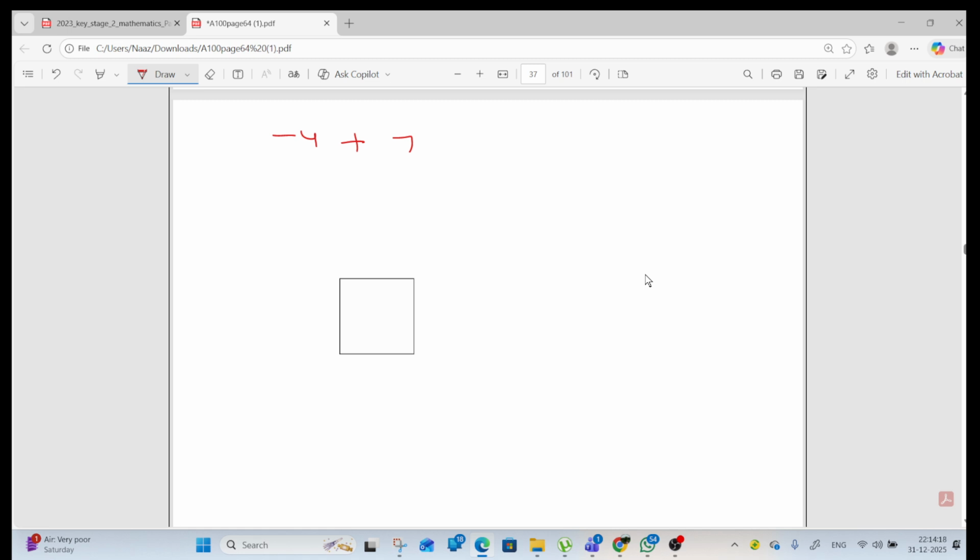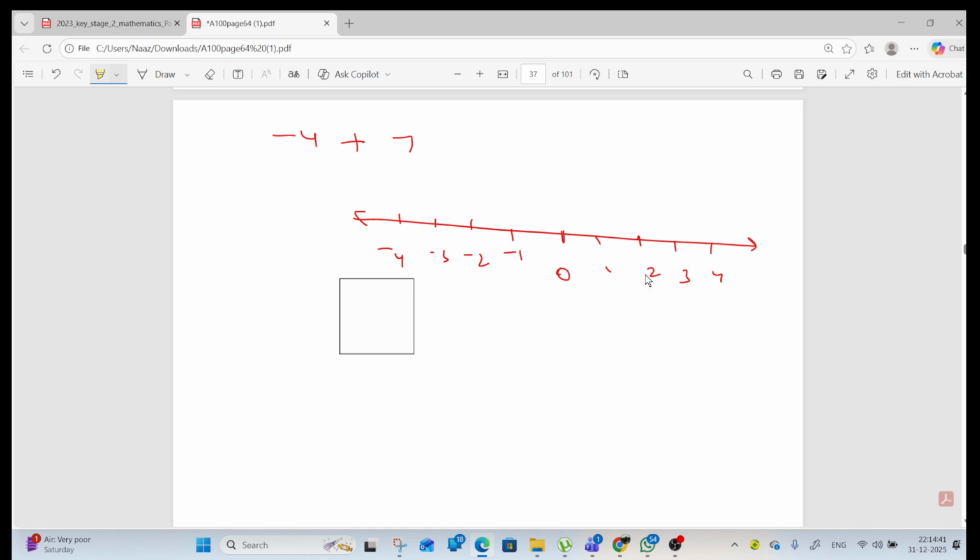But here, if you see, we have negative 4 and positive 7, right? So basically, you can do it using a number line. Suppose I make a number line. This is 0. And here I have negative 1, negative 2, negative 3, negative 4, and 1, 2, 3, 4. So the first number is negative 4.